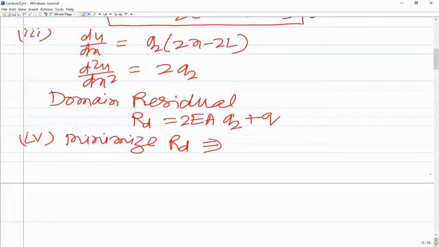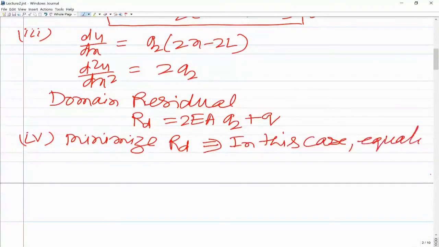If we say that this RD is equal to 0 throughout, then from that equation we will directly get A2. So basically we can say that in this particular case we can make RD 0, equate RD to 0.